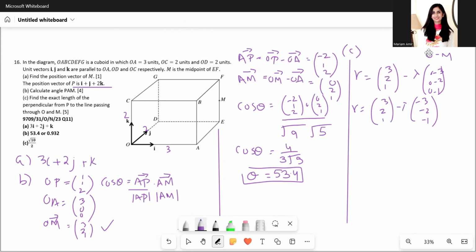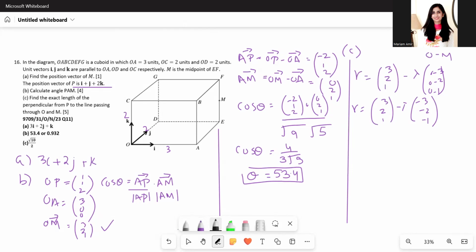Okay. In fact, I feel like I should have taken the other points. That will significantly simplify this. What if I take the origin first? So that would be r equals O, origin first, plus lambda, and now I'll do M minus O. So M minus O would just be the coordinates of M, which are 3, 2, 1.